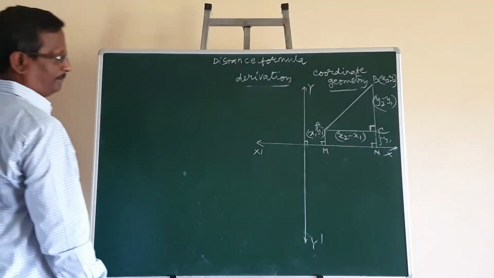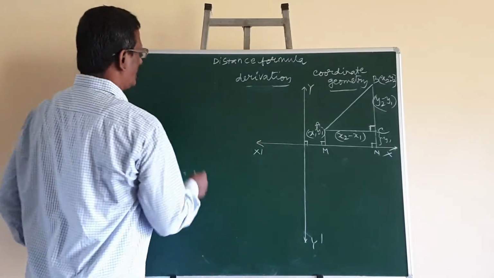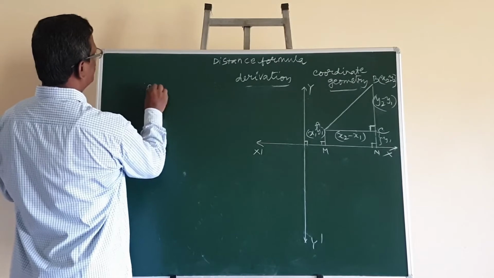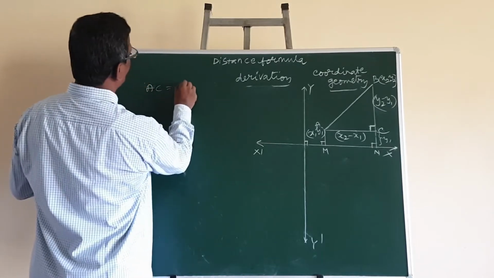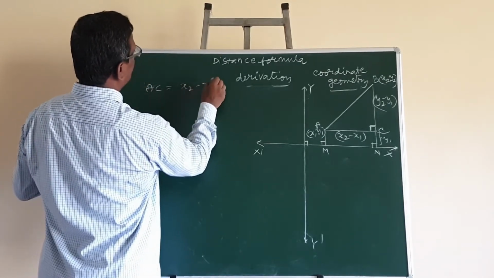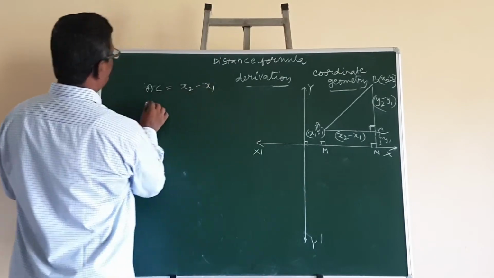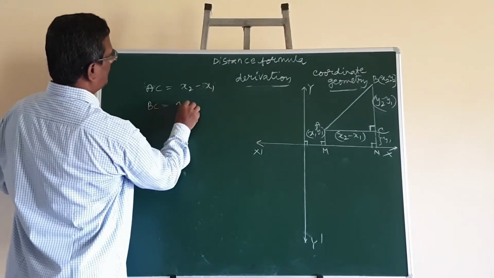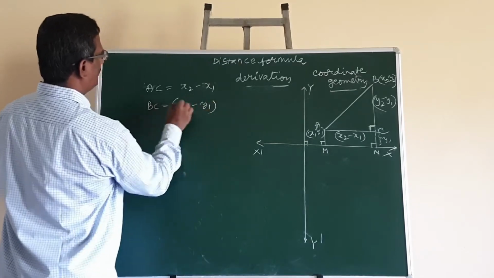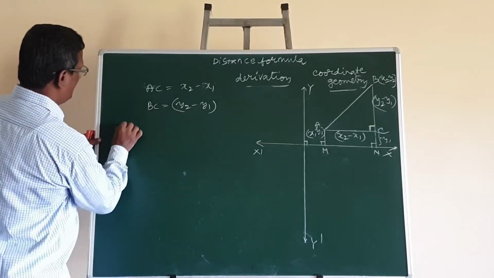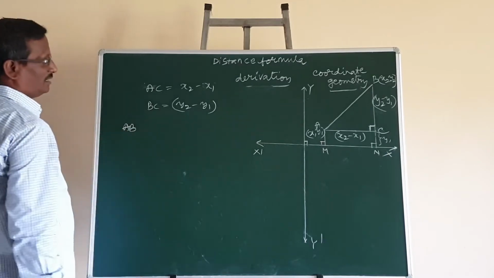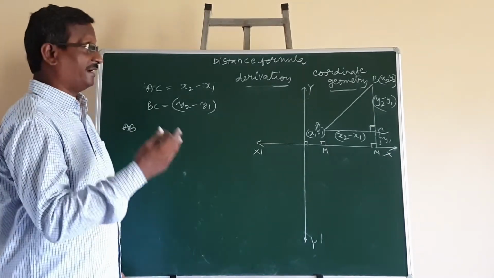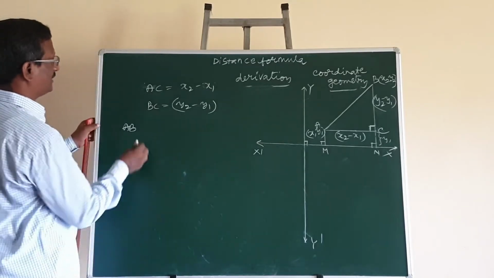Now in the triangle ABC, here AC is equal to x2 minus x1 and the distance BC is equal to y2 minus y1. We want this distance AB. Here AB, BC and AC are the three sides of right triangle ABC.